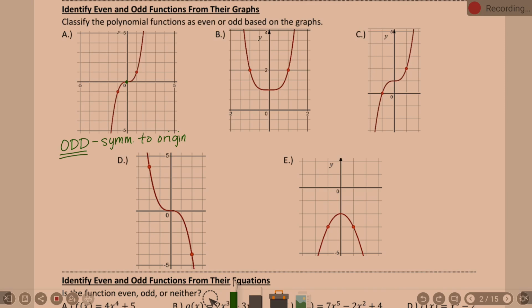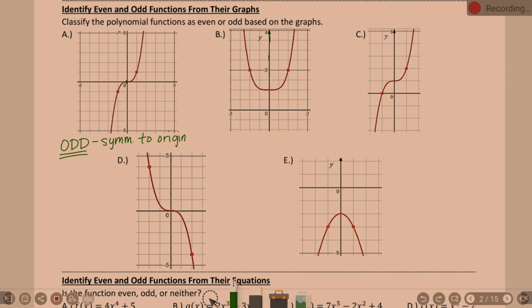Okay? Look at B when you're ready. What are your thoughts about B? It's an ugly graph. Well, we're not judging based on the pretty factor. Even. If it's even, what does that mean? The y-axis. Okay, it's symmetric about the y-axis.